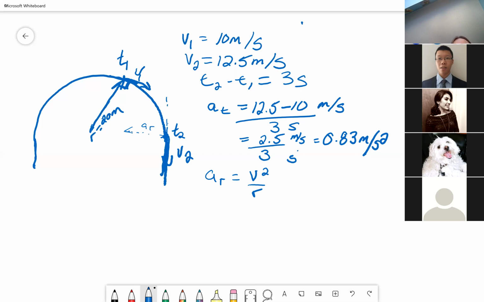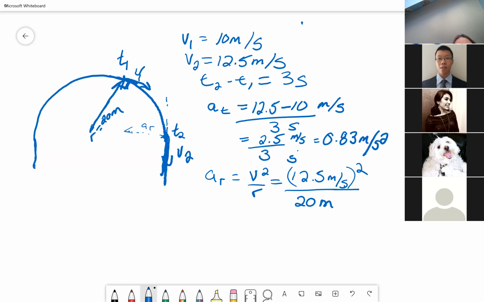But they ask for it right here at time 2. It says, what is the radial acceleration as you're coming out of the curve? So it's just before you exit the curve. And so that's going to be V2, which is 12.5 meters per second squared, divided by our radius, which is 20 meters.